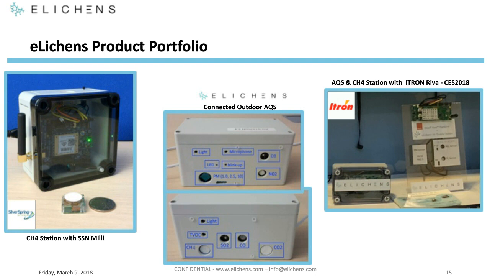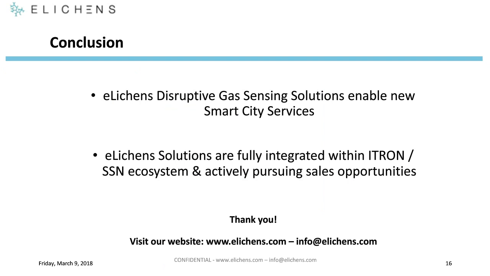To conclude, our technology and what eLichens does is really a disruptive gas sensing solution to enable quite a few of these new upcoming smart city services. We at eLichens and our solution are fully integrated now with the Itron and SSN ecosystem, and we're actively pursuing sales opportunities in many different regions of the world and many different utilities and cities.